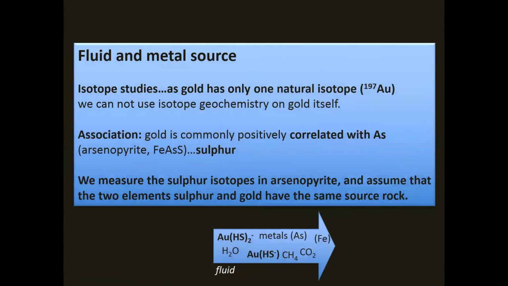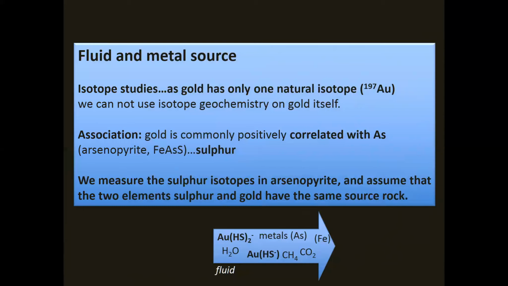So then, trying to figure out the fluid and metal source in this deposit, we will use isotopes for this. We cannot use gold, as gold only has one natural isotope, so we will not get a signature from that.